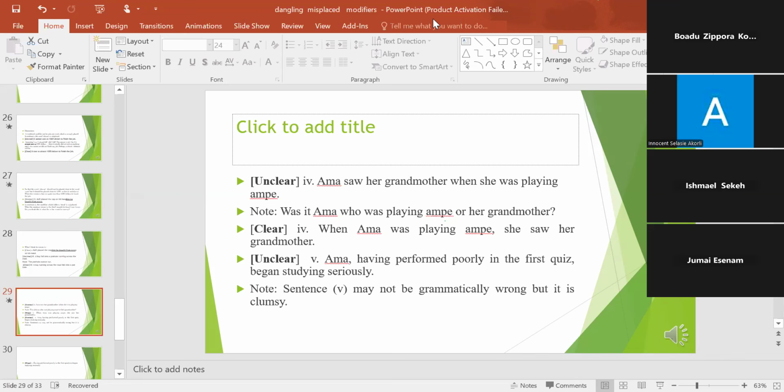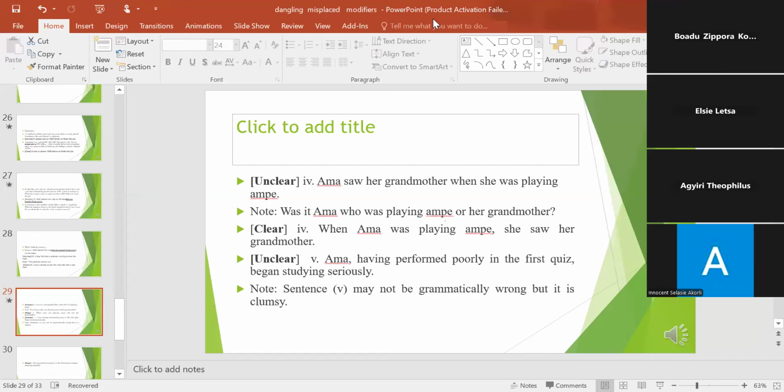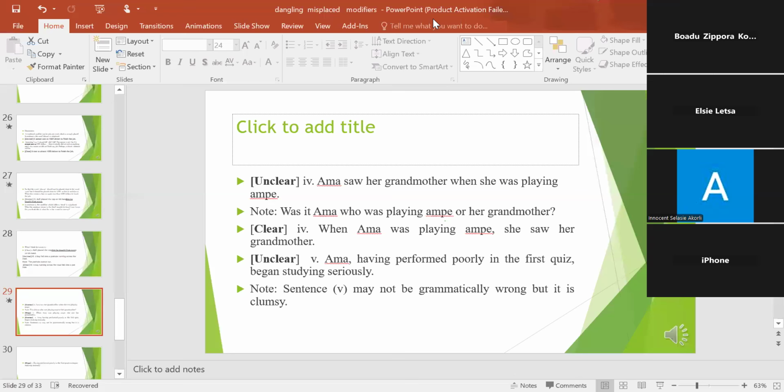It means that it was the grandmother who was playing ampe. Okay. Or maybe you can also make it stronger and clearer, then maybe there's a need for repetition somewhere. Amma saw her grandmother when her grandmother was playing ampe, but of course that is too much repetition. Amma saw her grandmother playing ampe.